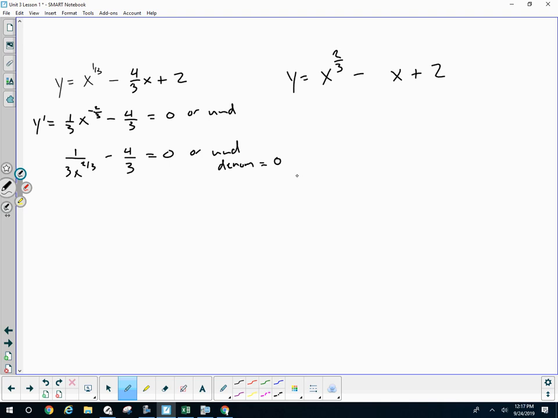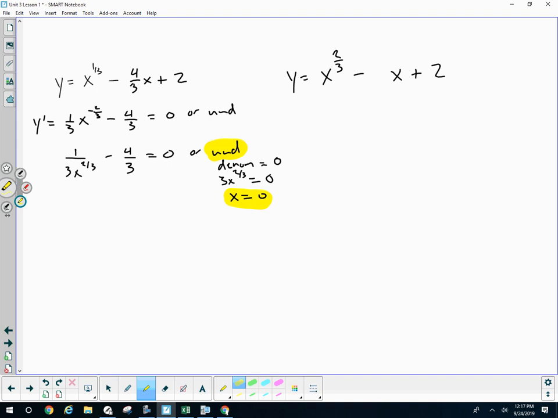That means when 3x to the 2/3 equals 0, I will have an undefined derivative. When x is 0, I have an undefined derivative. This, my friends, is our first critical point, and this is what we need to keep in mind when I say when is our derivative undefined, when we have a denominator equal to 0.